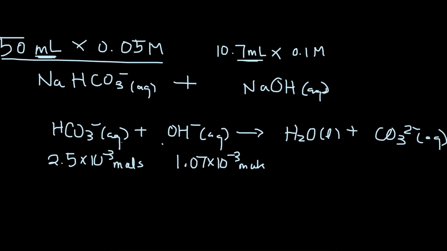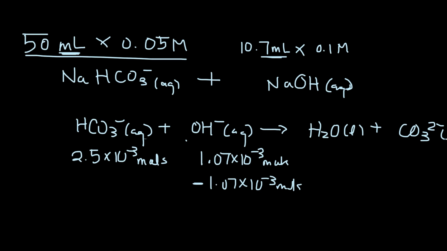So because it's going to react to completion, that means all of the hydroxide that we added into this mixture is going to react to completion since it's the limiting reagent. It's going to react completely with our weak acid here.